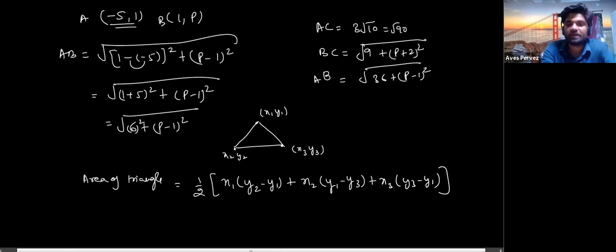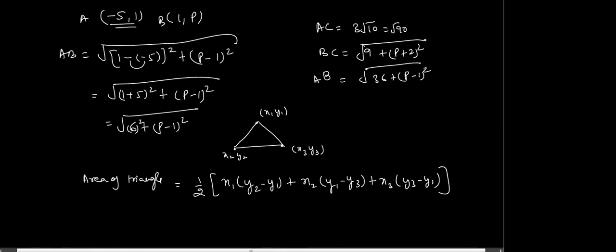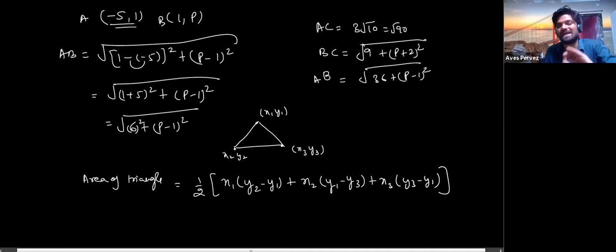Got it? We will be able to calculate the area of this, and we already know that these 3 points are collinear.